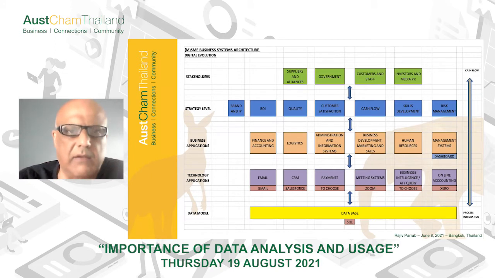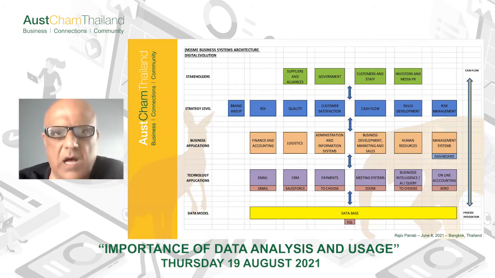I want to add a different chart next and explain a little bit more detail. So on the top, obviously, are the stakeholders. The next one is the strategy development. The next one is the business applications, and Jan will spend quite a bit of time on the marketing side of it. The last one is a technology application.